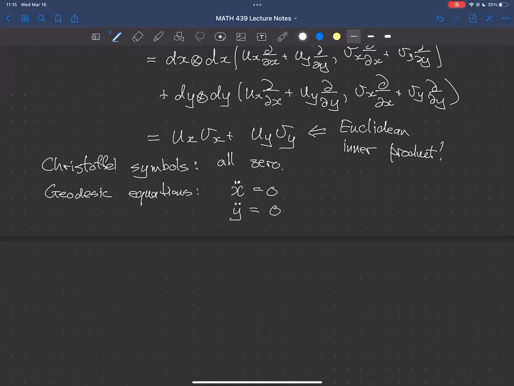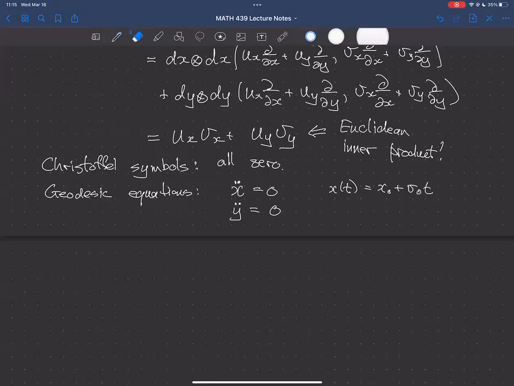Now I claim you know how to solve those equations. What are their solutions? Well, you can just integrate them, right? There's not even a differential equation really to solve. You just integrate twice, and you get x of t is x0 plus v0t.